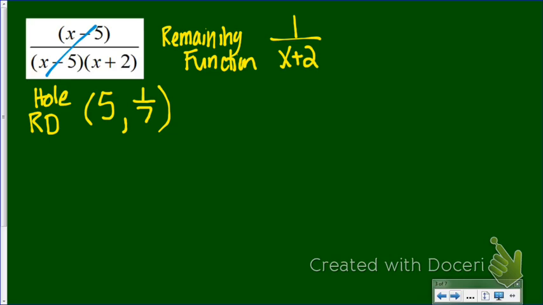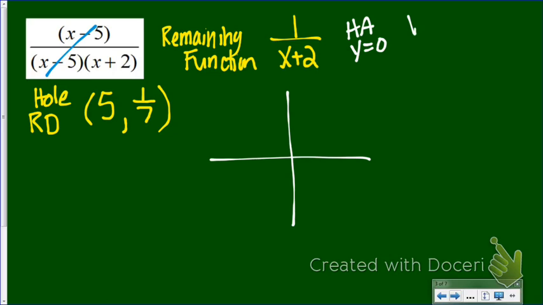Then at this point, I'm going to graph the remaining function, and my remaining function is still actually a rational function. So now I'm going to have a rational function with a hole in it. I'm going to go ahead and graph the function y equals 1 over x plus 2. I know that function is going to have a horizontal asymptote at y equals 0 because it's bottom heavy.